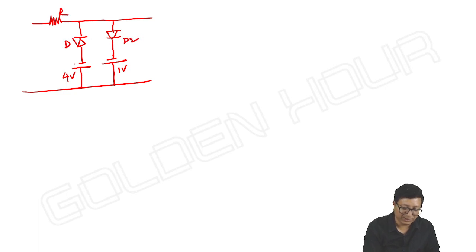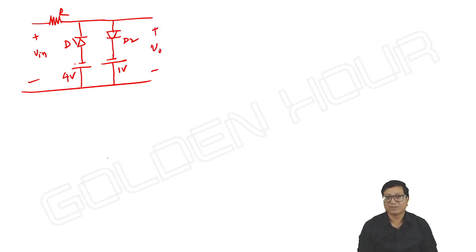D1, D2, input and output. How do we get its transfer characteristics? In between minus 4 and minus 1, you just need to check whether the diode directed upwards is at a lesser voltage compared to the diode directed downwards. Yes, it is so.